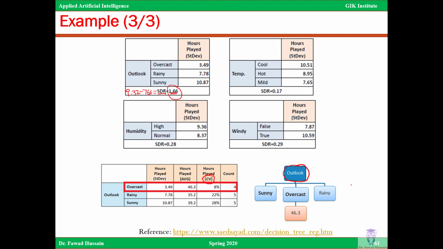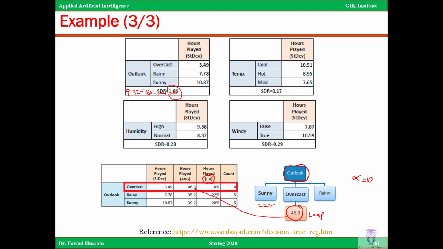So for instance, if our alpha was equal to 10, it means that we are only going to continue splitting if the coefficient of variation is greater than 10. In this case, this is 8, which means no more splitting, and we are going to make it into a leaf node. When I make it into a leaf node, what value do I put? I use the average value. In this case, it is 22.